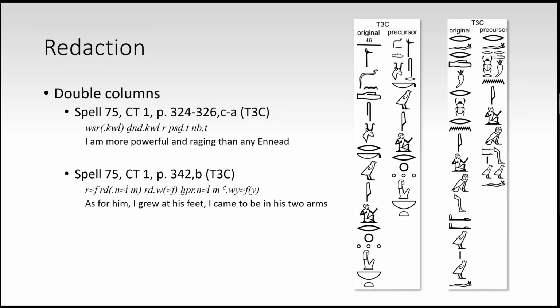And finally, another one that has the same issues again, where there's simply a rather unclear system of how the scribe decided to write everything down, and how you should reconstruct double columns in these texts.